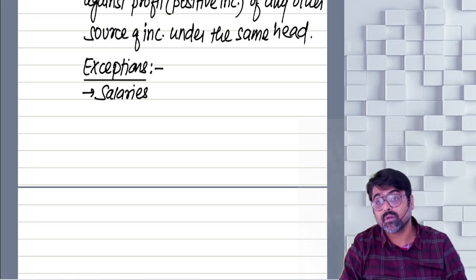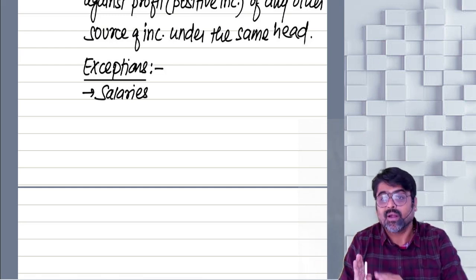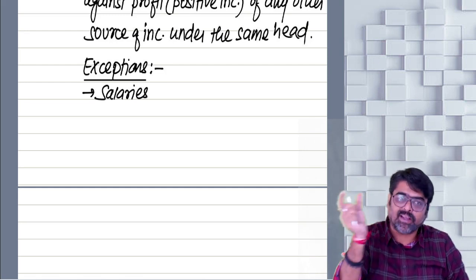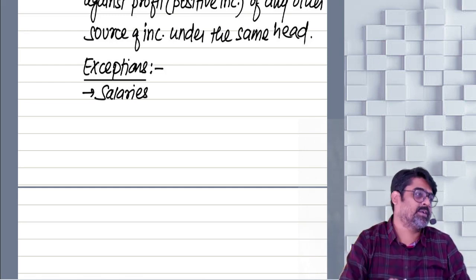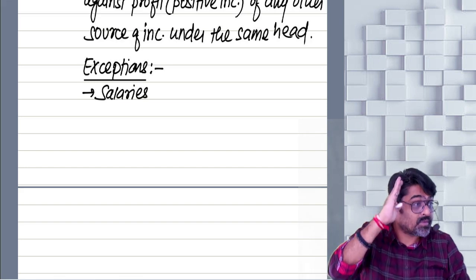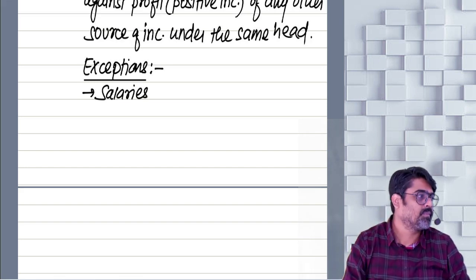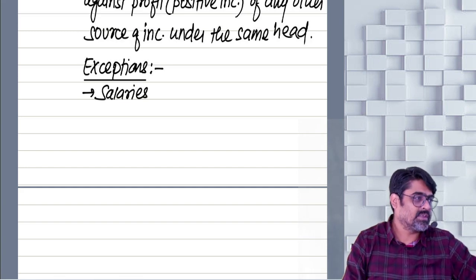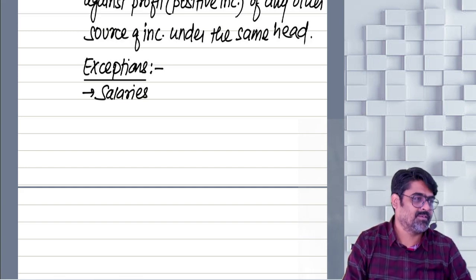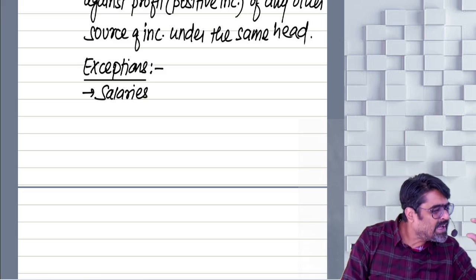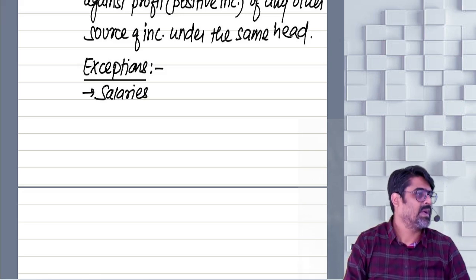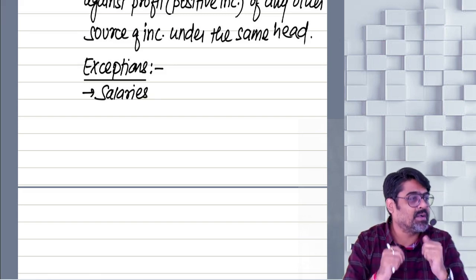Professional tax: a full year's professional tax in any state is maximum 2,500. So in the name of deductions, they are just kidding with you under the head salary, because the deductions will be a very, very small amount compared to the taxable income under that head.